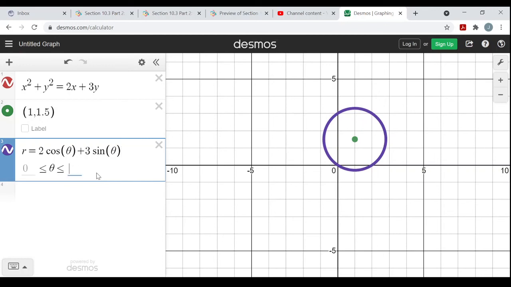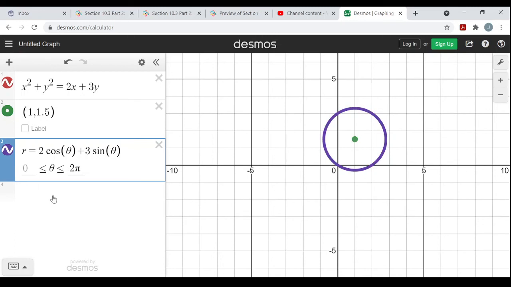Now usually we want theta to range from 0 to 2 pi, so I'll have theta range from 0 to 2 pi. You saw earlier, even when theta ranged from 0 to pi, the graph was the same. Look, I'll turn it off. There's the graph in rectangular, the red graph of x squared plus y squared equals 2x plus 3y. Here's the graph in polar, right on top of it.